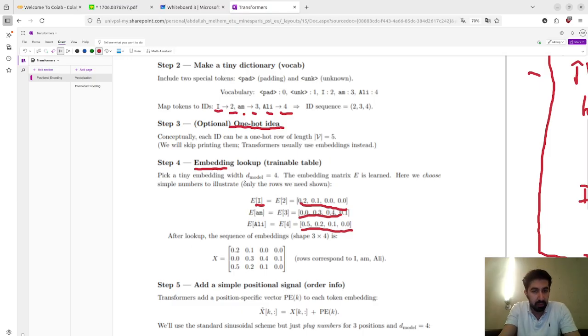In this example that I put over here, I put the size at 4, okay? But in the original paper, it's 512. So again, we have our input sentence or paragraph. We give each position an ID. Then we have our English dictionary. We look up where I is, where am is, and where Ali is. And then we pass them through a neural network and we get our vector, okay?